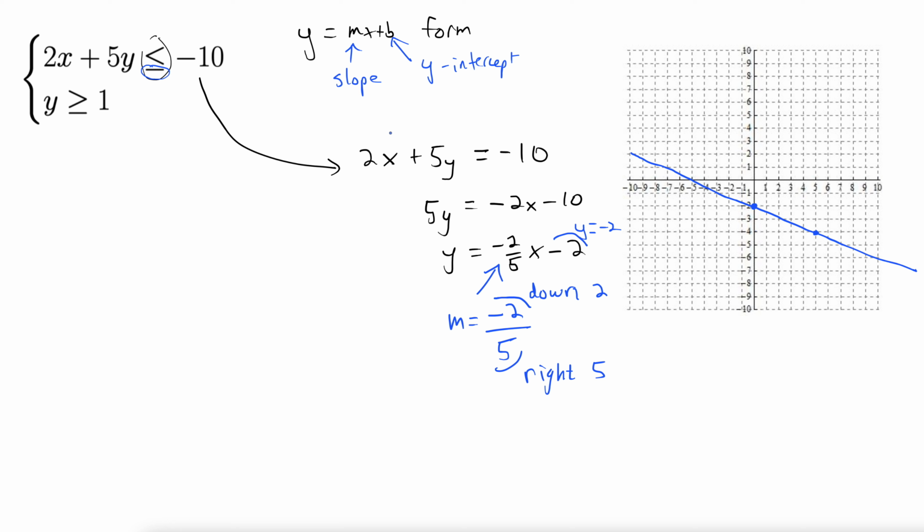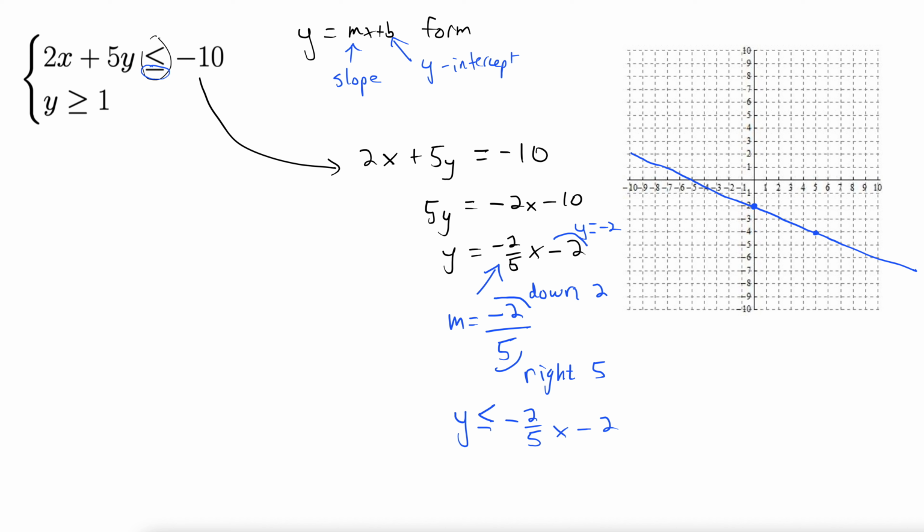Now, if we would have kept the inequality in there, I changed it to an equal just to make things look a little nicer, but if I would have solved it with the inequality in there instead of switching to equal, we would have had this, y less than or equal to negative 2/5 x minus 2.